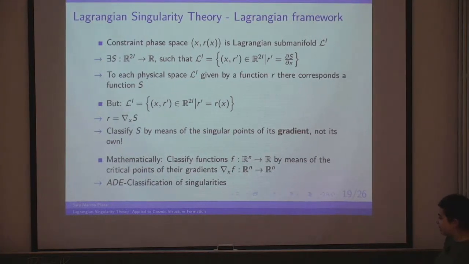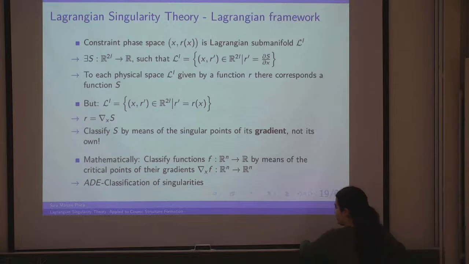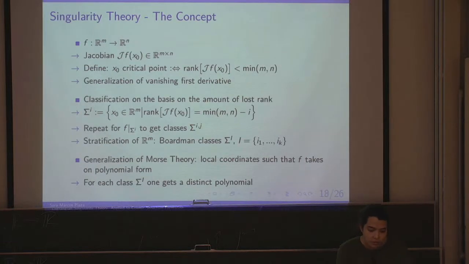The only thing I will say regarding this is that what we did in this slide was we took a look at functions and tried to classify functions with the help of their critical points.